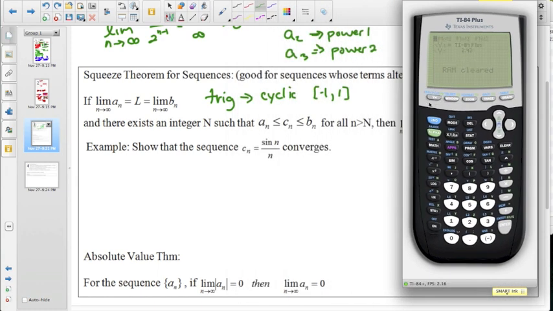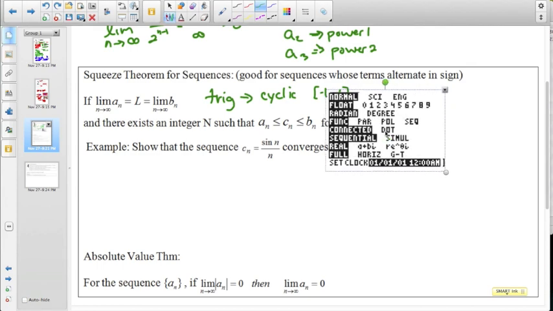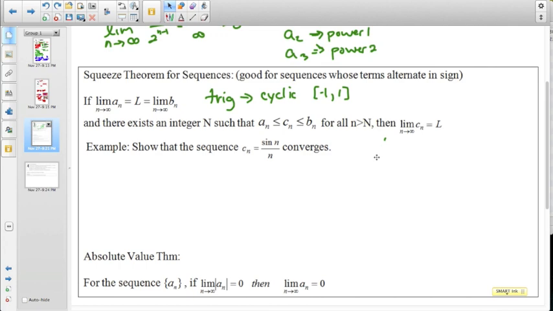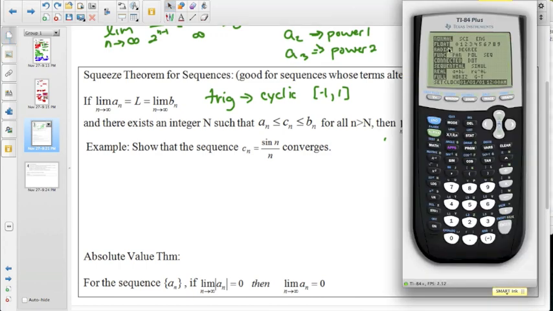If we graph the sine of n over n, we want to be sure that these trig functions are in radian mode, so we want to be careful about keeping them in radian mode. So we're going to type in sine of x over x. And if we look at that graph, we're going to need to adjust our window to accommodate for trig values.